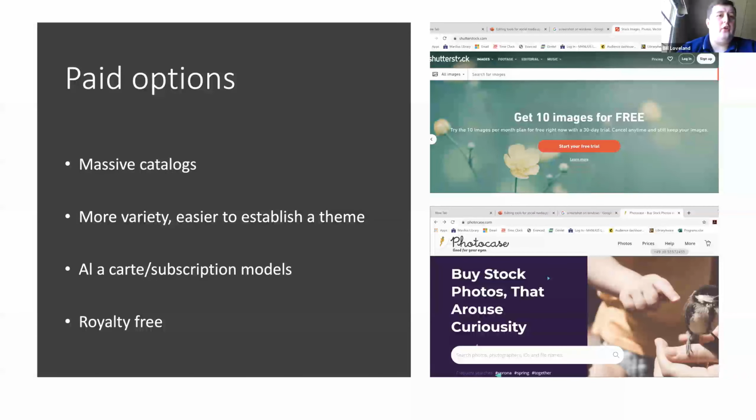Their photos are sold on demand only, starting at $14 an image, and I think the max is like $42 an image, and all images are royalty free. My personal feeling is that free resources like Pixabay and Unsplash offer more than enough variety and quality to meet the needs of most businesses, but what option is best for you and your business is a question that only you can answer. Next slide.